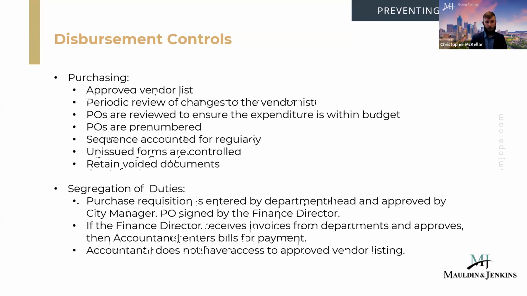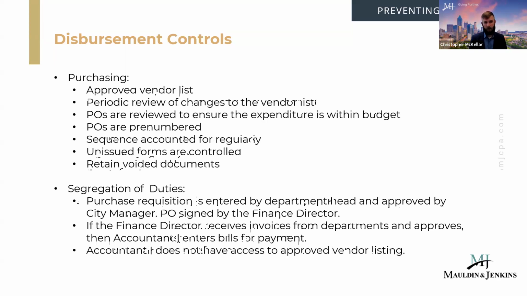POs are pre-numbered, sequence accounted for regularly. Unissued forms are controlled. Now, this could be purchase orders or checks themselves, making sure that any of those blank forms are controlled by the government. And retain the voided documents.